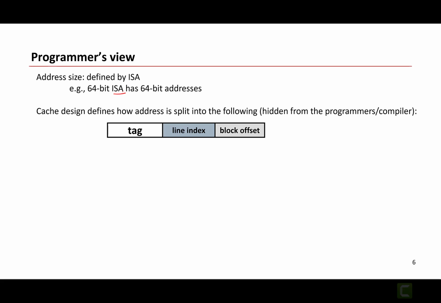Now, the cache design, on the other hand, the details of that is hidden from the programmer and the compiler. As a result, the cache design details are not specified as part of the ISA. So when you are given an address, and for a given cache design, you have to interpret that address into these three different fields: tag, line index, and block offset.